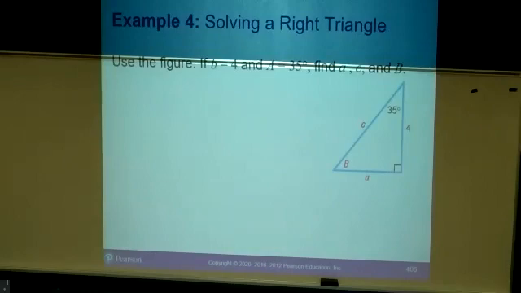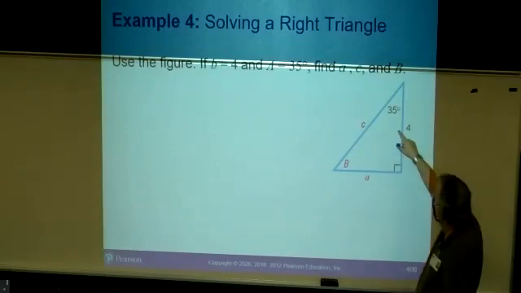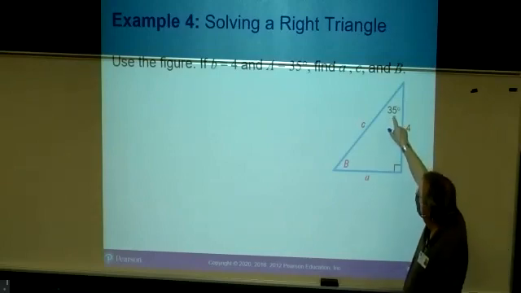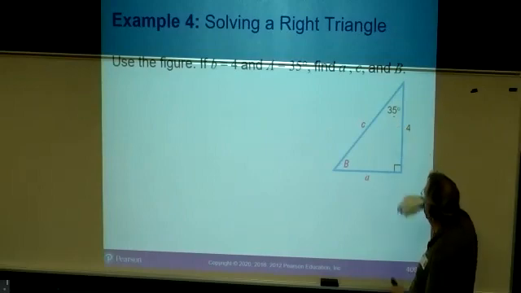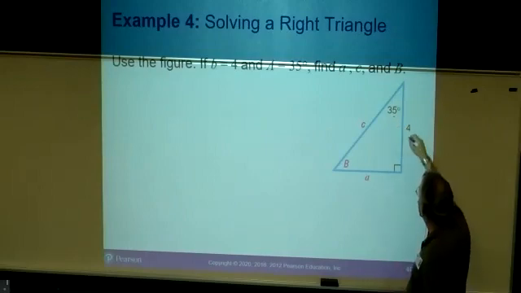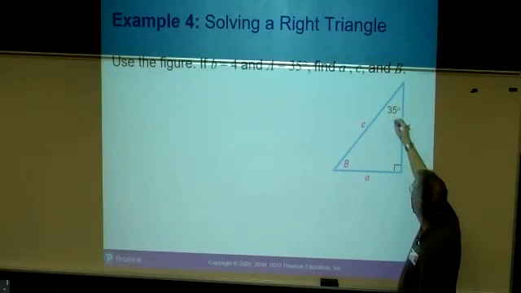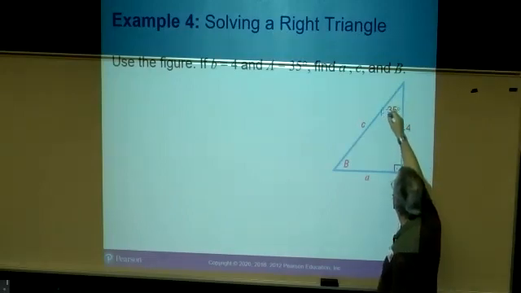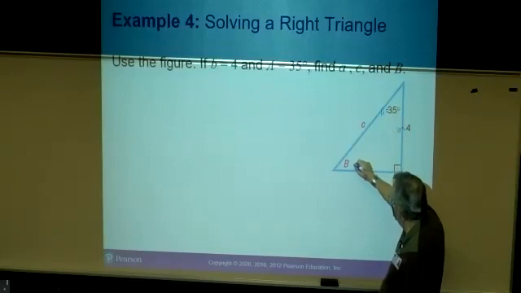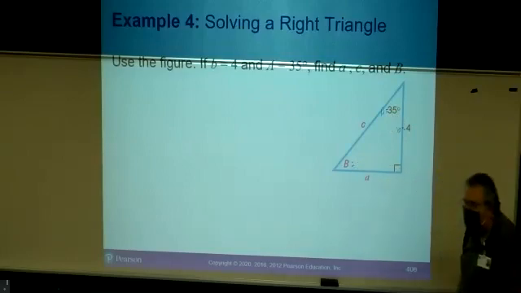Okay. So B is 4, A is 35 degrees. So I know one angle and I know one side. So this was B here, and this was A over here. I know what B is. What is B?